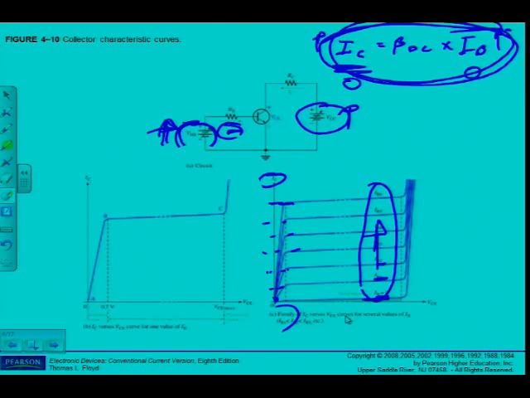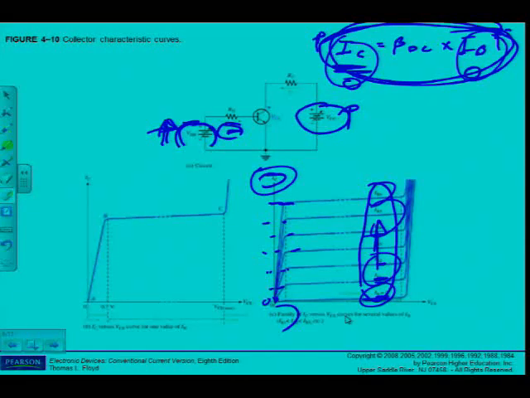Alright, now we've seen that for different IBs, I will get different values of IC. But if IB is equal to 0, then of course IC will also be equal to 0. So that's one of the parameters. Let's say the parameters for cutoff. When a transistor is in cutoff, what are the parameters?